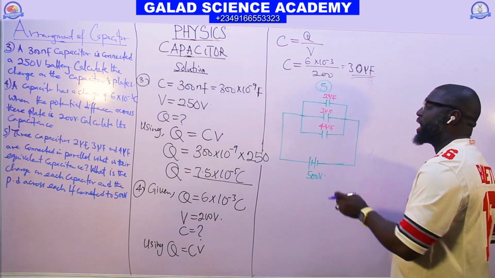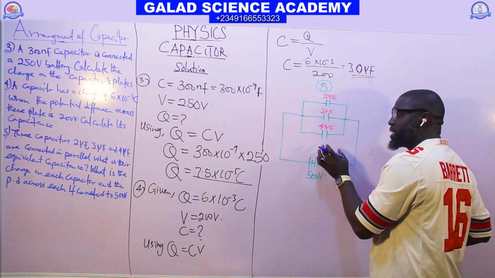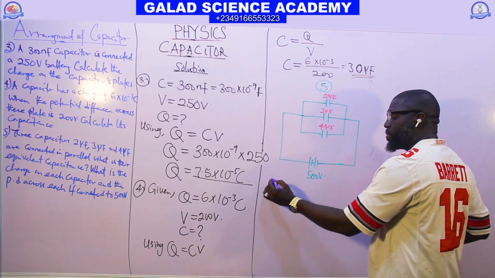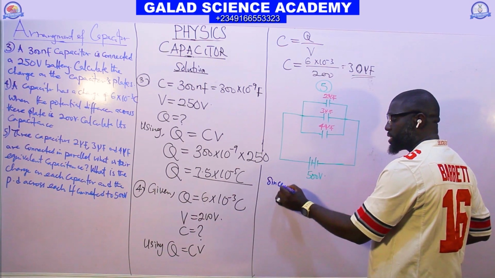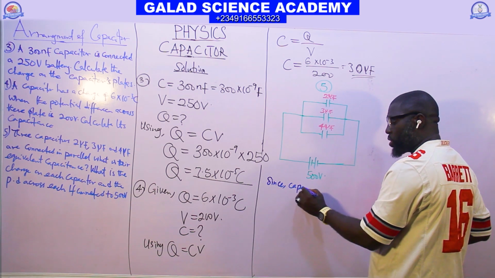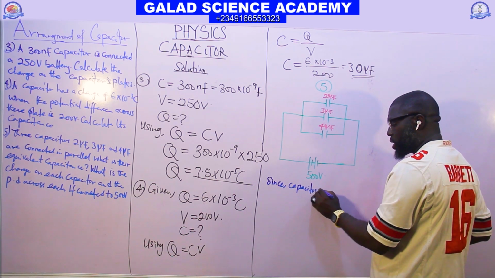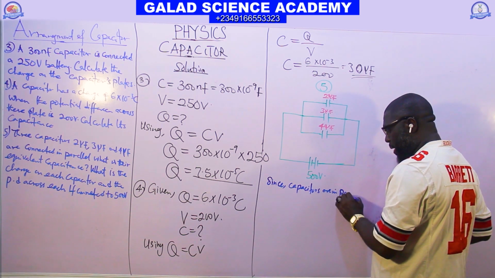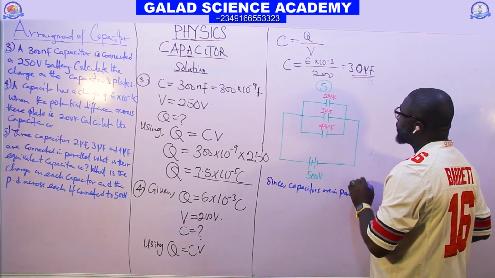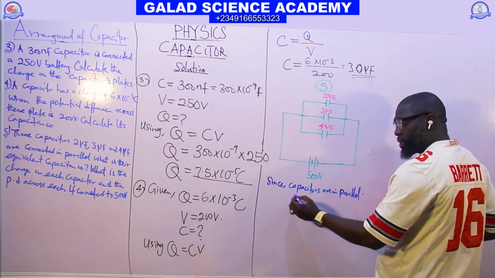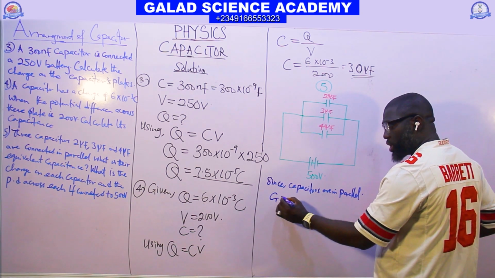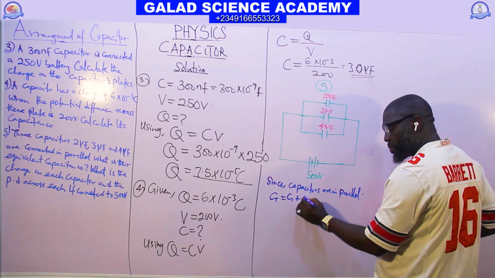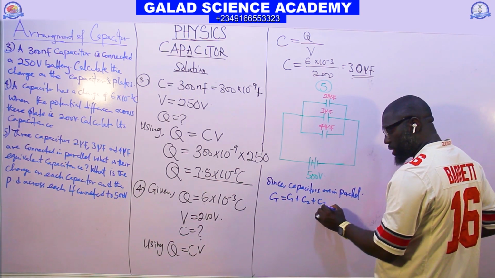Since the capacitors are in parallel, C total is equal to C1 plus C2 plus C3.